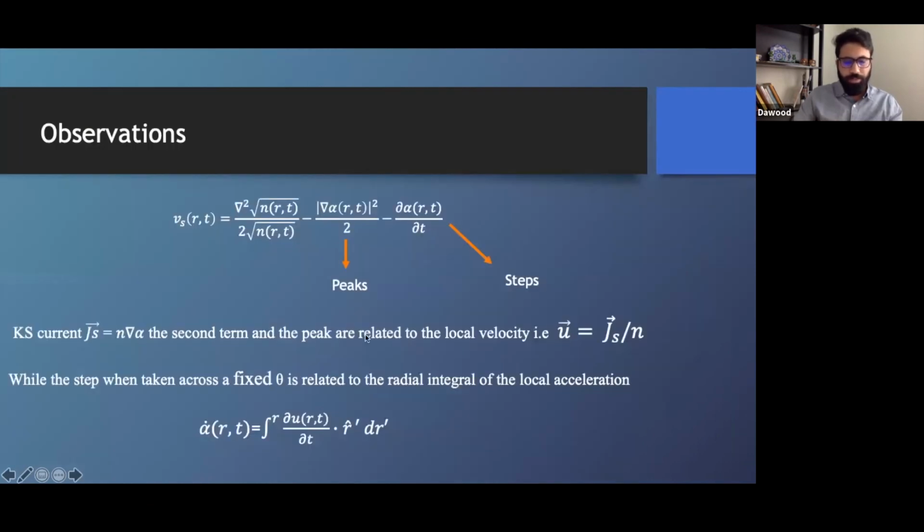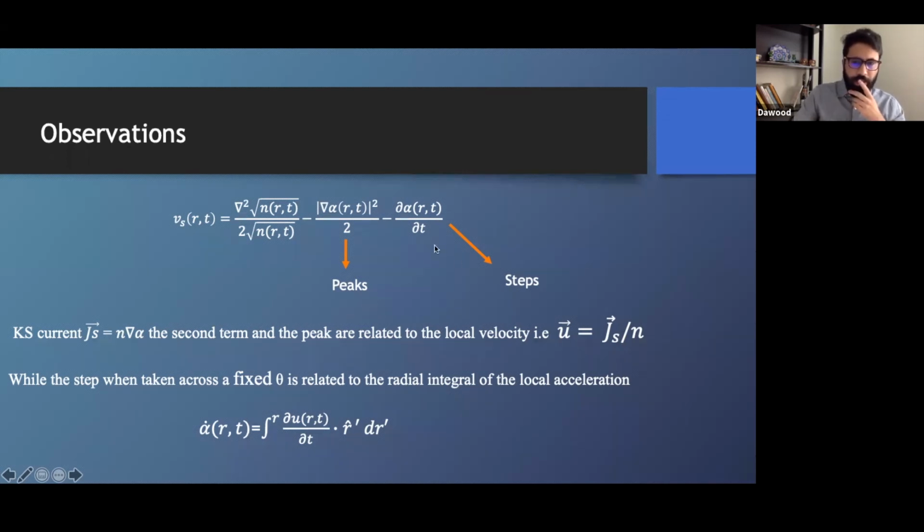So what are some of the observations that we make? If we look at the equation that we got when we inverted the time-dependent Kohn-Sham equation using the single-slit orbital, with orbital W occupied, we got this expression. From our analysis, we see that these peaks tend to arise from the second term here, which is related to the local velocity in the system.